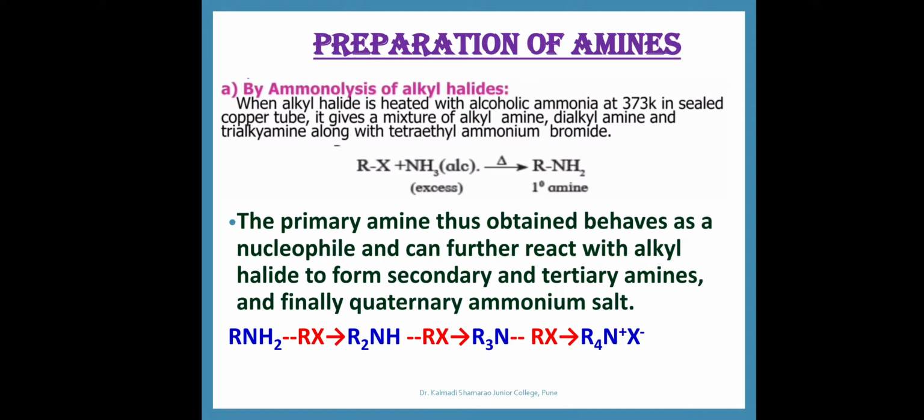Again the alkyl halide is added wherein 3 hydrogens are replaced, giving you R3N. Again the alkyl halide plus RX gives you quaternary ammonium salt, that is R4NX. The order of reactivity for alkyl halide with ammonia is RI, that is alkyl iodide, is more reactive than alkyl bromide, than alkyl chlorides.